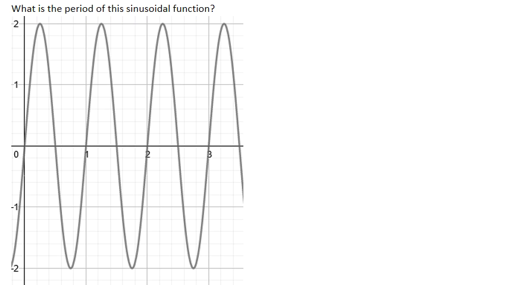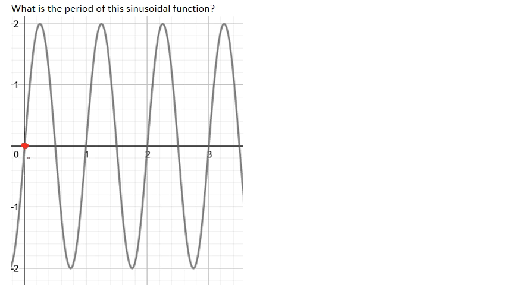Let's see if you can figure out this one. What is the period of this sinusoidal function? Go ahead and press pause on the video, calculate that, and then press play to see the answer. All right, this sinusoidal function has a very short period.